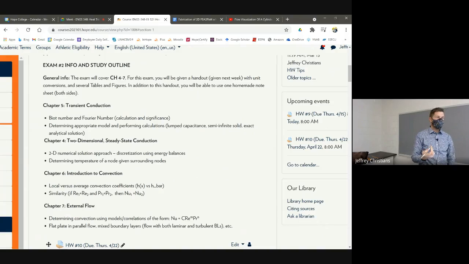So the main thing that you're going to need to know is the end result of class number 6, I think it was, where we went through and derived the different equations. You're not going to be deriving stuff, but you might need to know the end result.